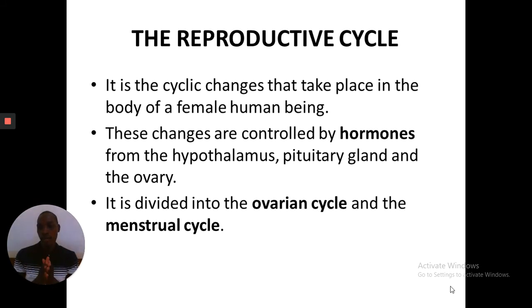Now, the two cycles are actually controlled by hormones. And these hormones come from the hypothalamus, the pituitary, and also the ovary. So we are going to go to one cycle and then look at the other, and then bring these two cycles together and see their relationship.